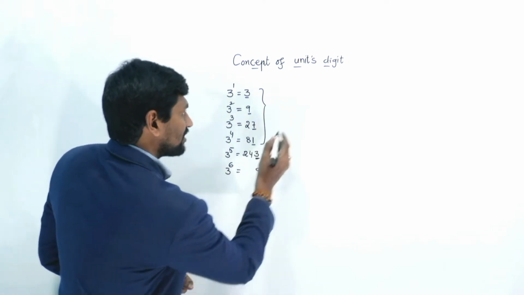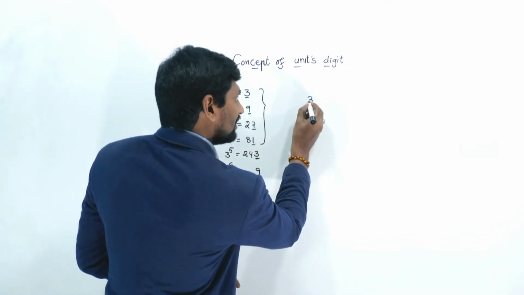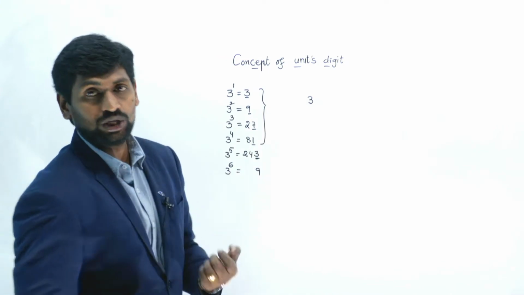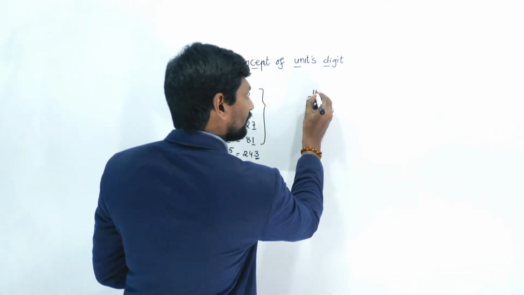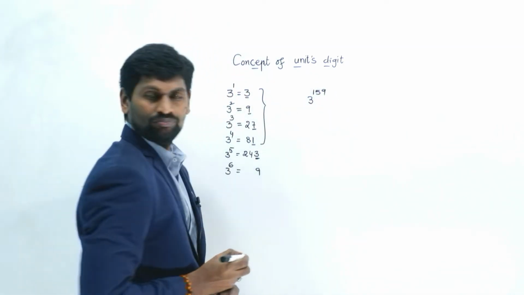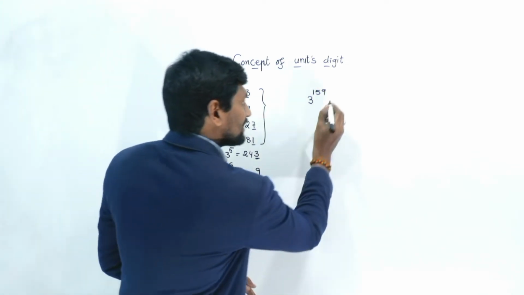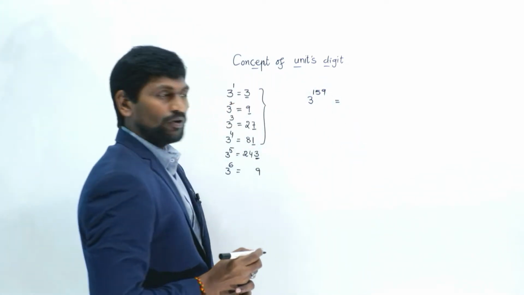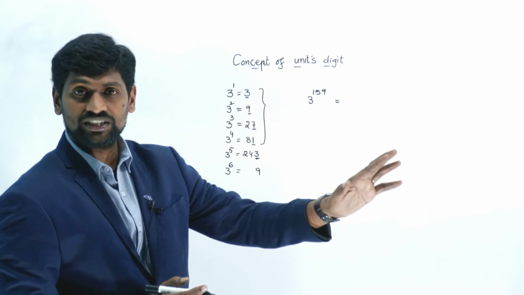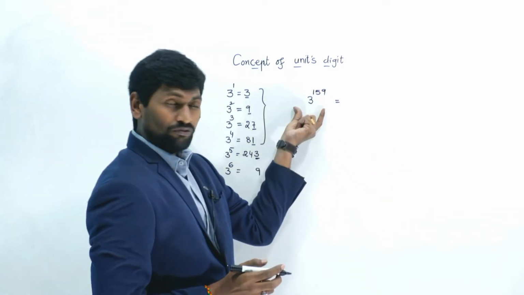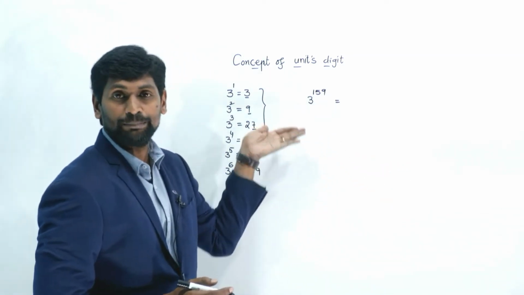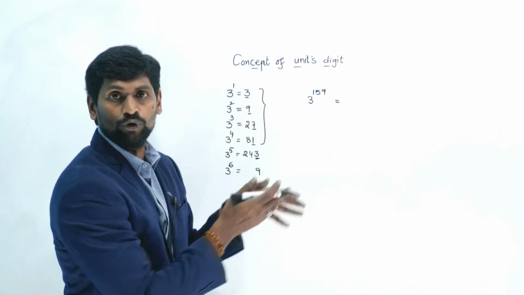So if you want to find the units place digit of 3 power 159, we identified that the powers of 3 repeat for every 4 terms.